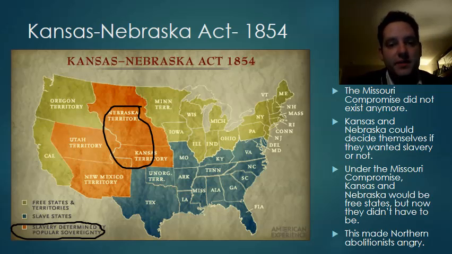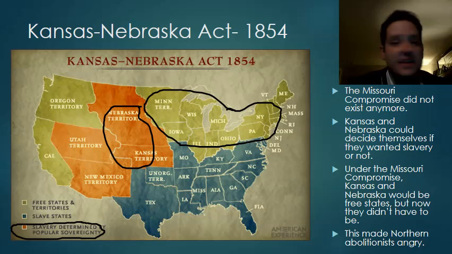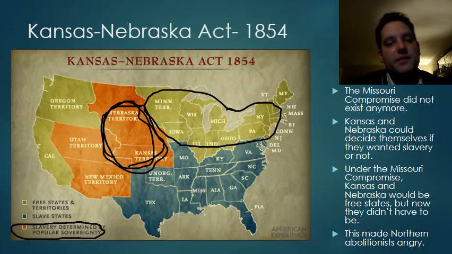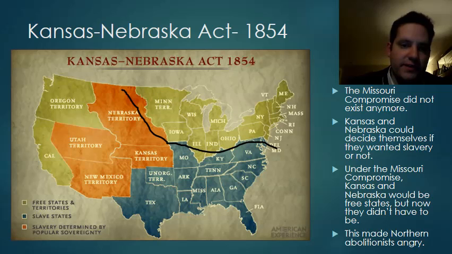They can become slave states. Now these people up here, the abolitionists that did not want slavery, hated this Kansas-Nebraska Act because these right here, Kansas and Nebraska, could be slave states. And if they start to become slave states, then look at the area that would be slave states.